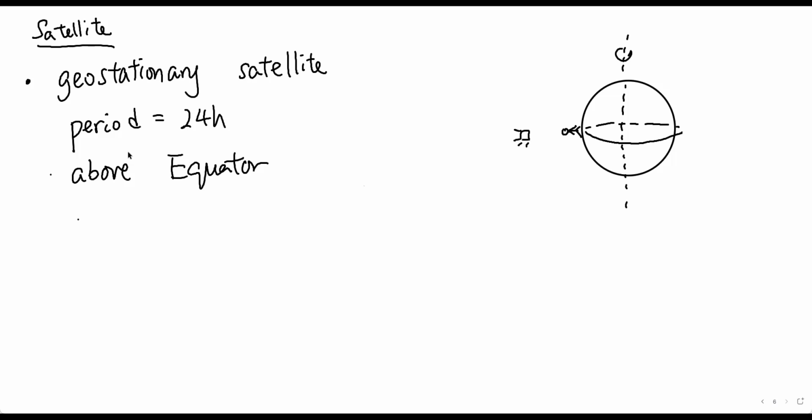So above the equator, period is 24 hours, orbit from west to east, and also only one particular orbit radius.